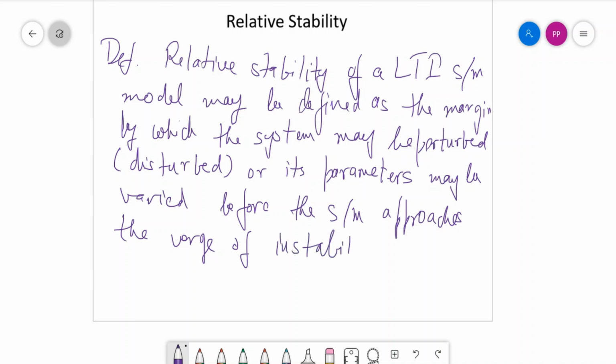So this is a very comprehensive and well expressed definition of the relative stability of the system.